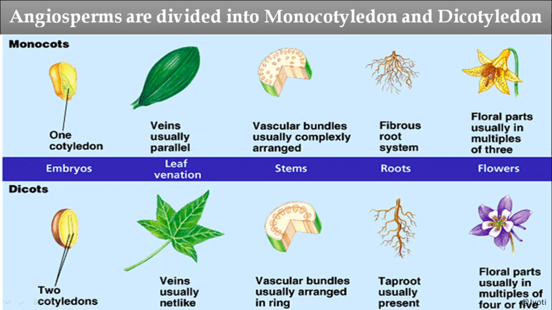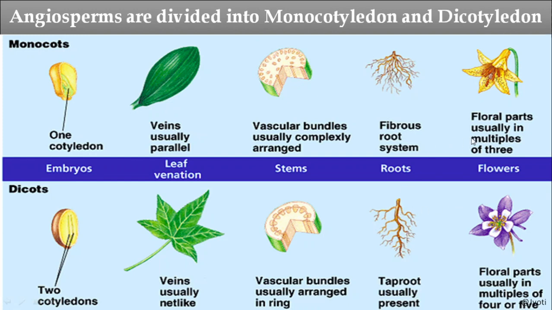But in a dicot plant, you will see a tap root. That means a slender root tapering towards the end, and from this main root the lateral roots, the secondary roots, and root hairs are developed. Such a type of root is called a tap root.